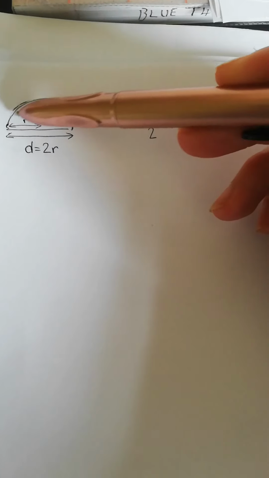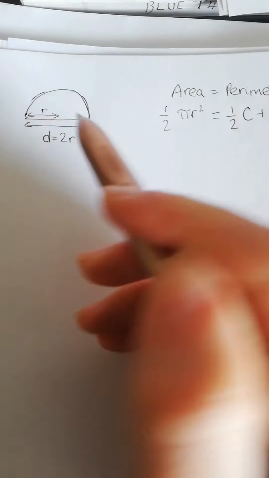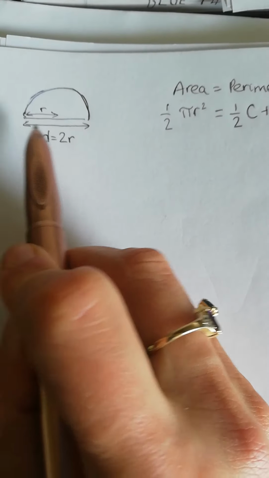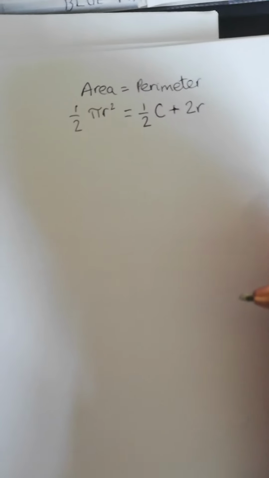The perimeter of this shape, well, we've got the curved part here, which is half of the circumference, plus we've got the flat bit along the bottom, which is the diameter, or 2 times the radius. Okay, so this is the equation that we're going to have to work with.